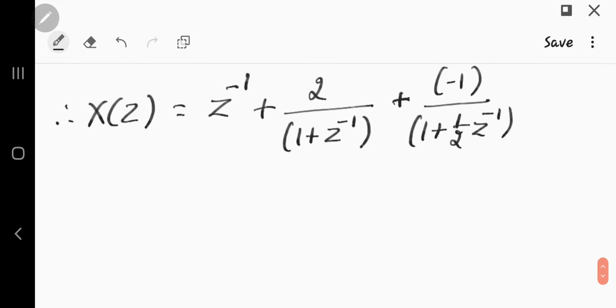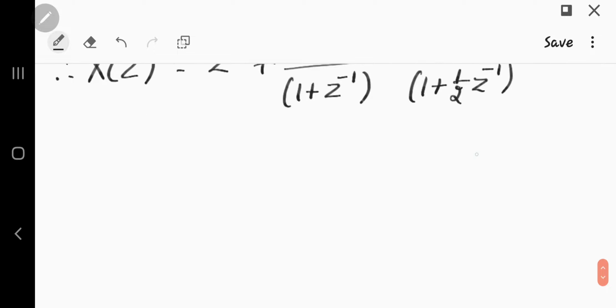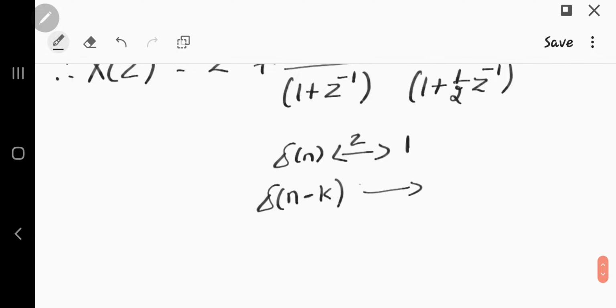Now we have certain things to deal with. If you observe the first term, z inverse: if you perform the z transform for delta n, you will get 1, but if you perform the z transform for delta n minus k, you will get z to the power of minus k.